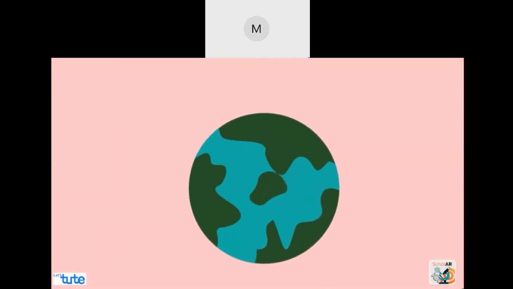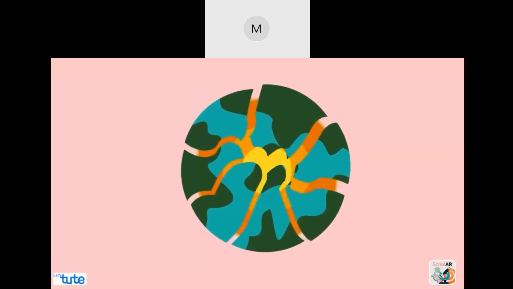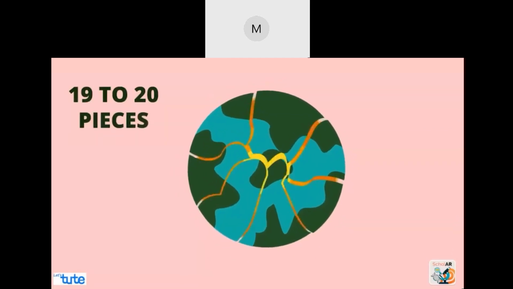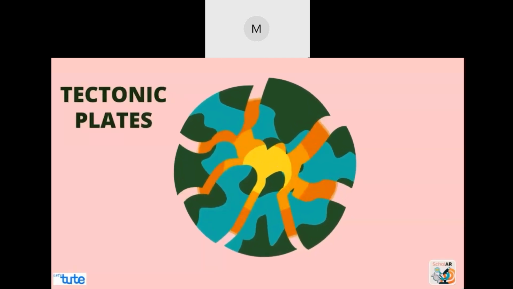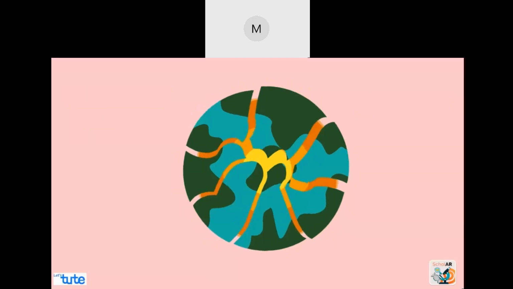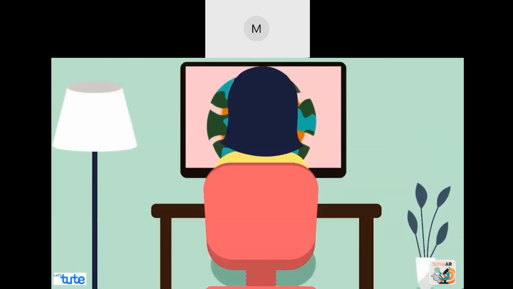Earth is not just one piece. It is made up of jigsaw puzzles of around 19 to 20 pieces, which are called tectonic plates. These plates are placed on a hot, partially molten layer of Earth's mantle. This is the reason why these pieces are continuously moving. They are moving as you are watching this video.